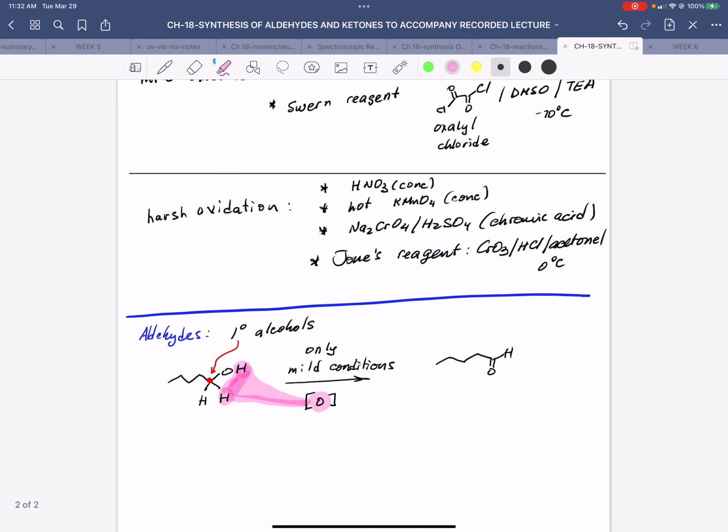But if you used a harsh reagent, first you will get the aldehyde as well, but we still have a hydrogen residing on our reactive carbon.